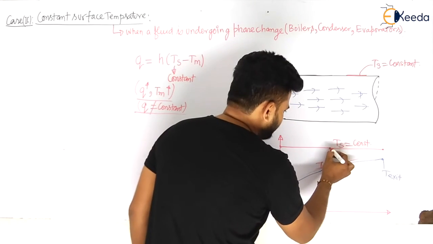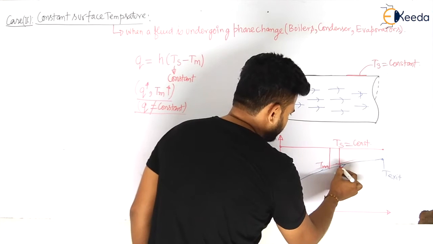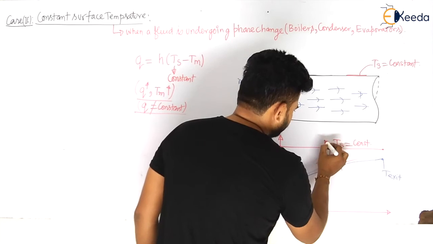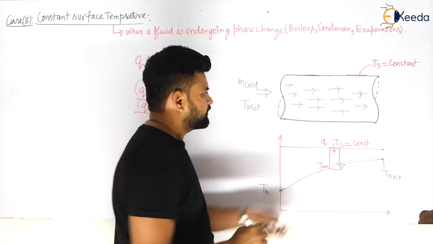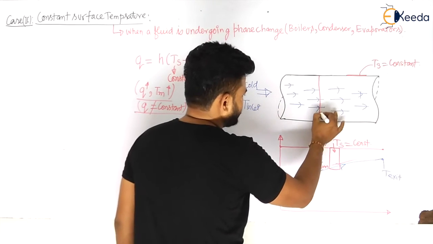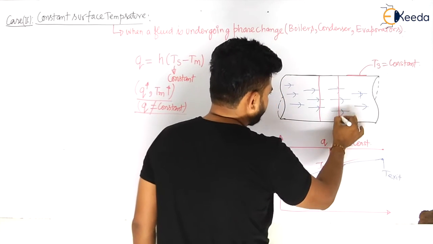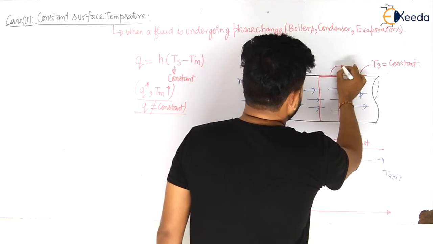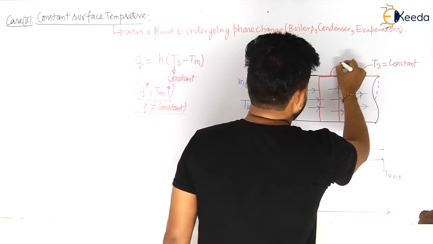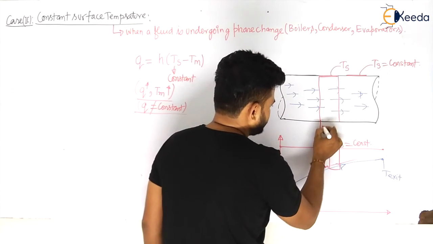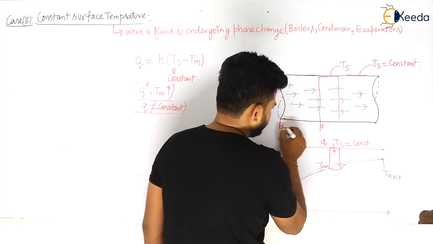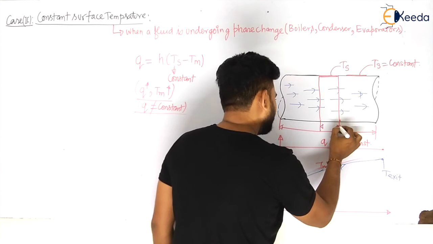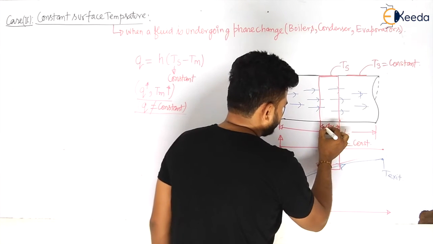So let us consider an element here where there is a heat transfer. I am considering an element here of constant surface temperature Ts. If the length of this pipe is L, I am considering an element of length dx, my dear students.